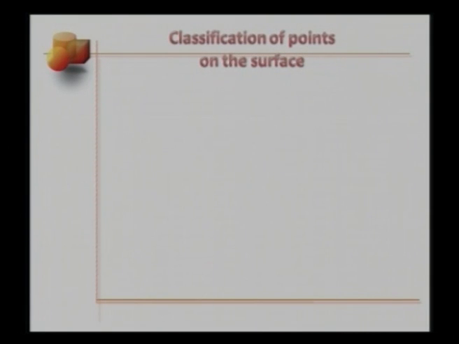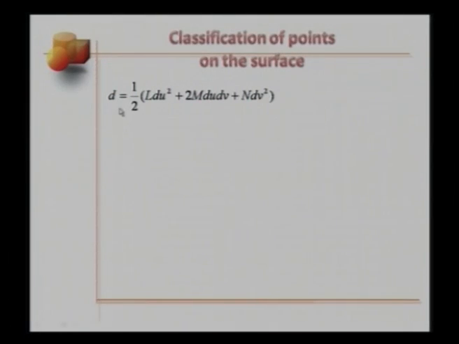Let's classify some points on the surface now based on the second fundamental form. Let's start with the projection of a free vector PR, where P and R are two points on a surface patch, and through P a tangent plane passes.